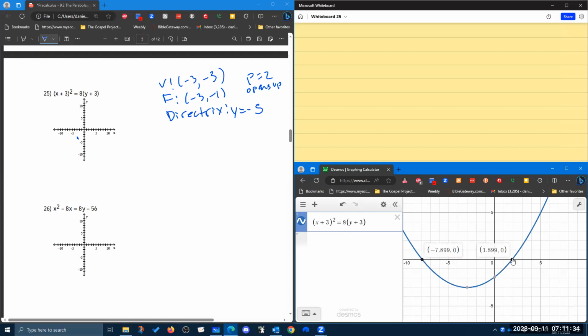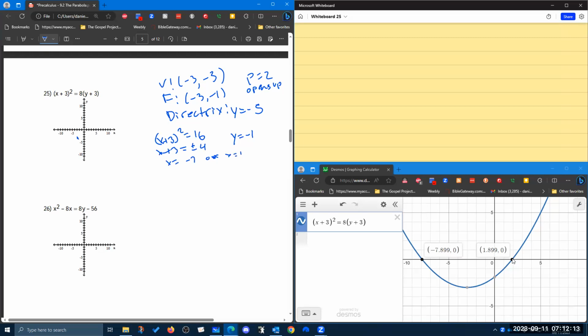We get some points there that don't really help me, right? Let me try and solve for some that do help me. So if I can make y + 3 into a 2, say when y = -1, then this is going to be (x + 3)² = 16. x + 3 = ±4. x is equal to -7, or x is equal to 1.